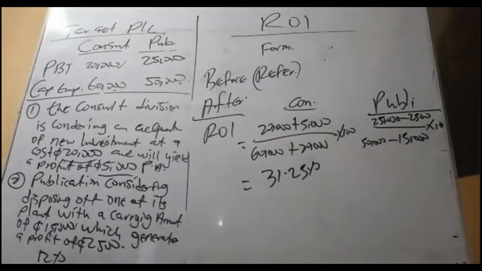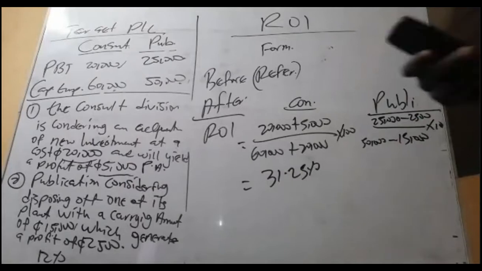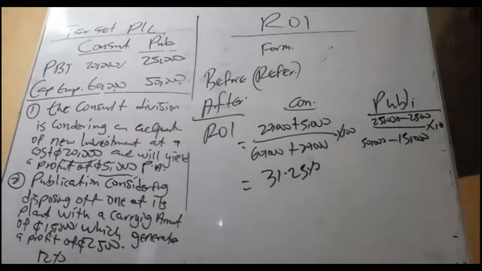We are doing the two together. Here too will be 22,500 divided by 35,000, times 100. So still, your return is going up.